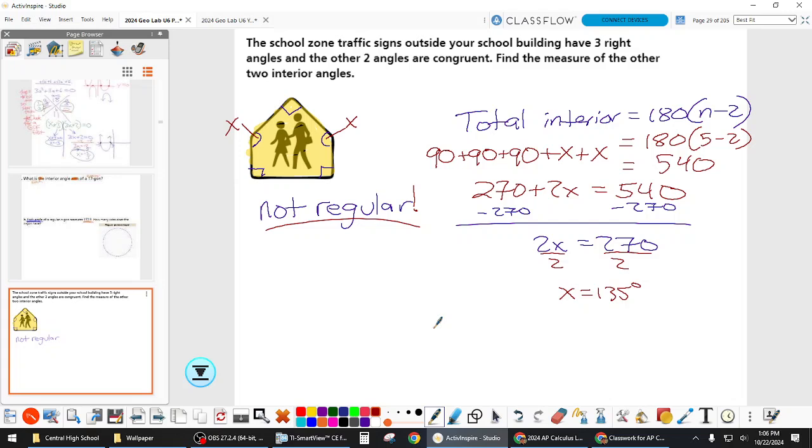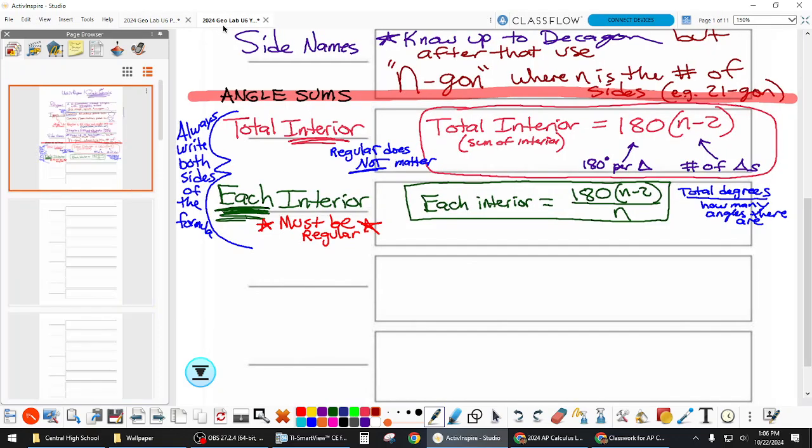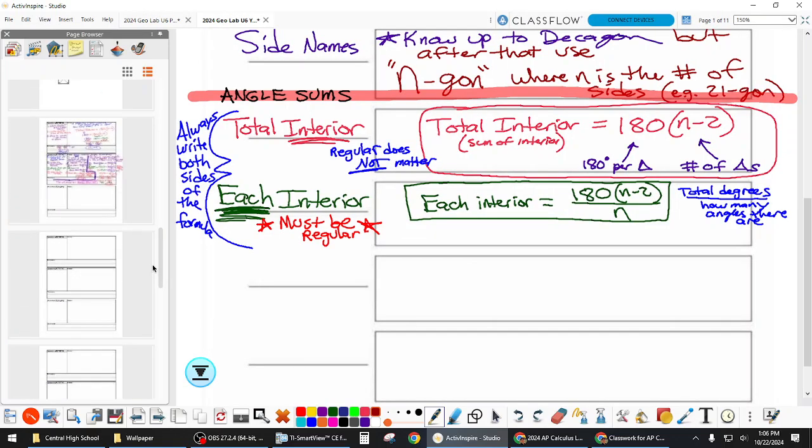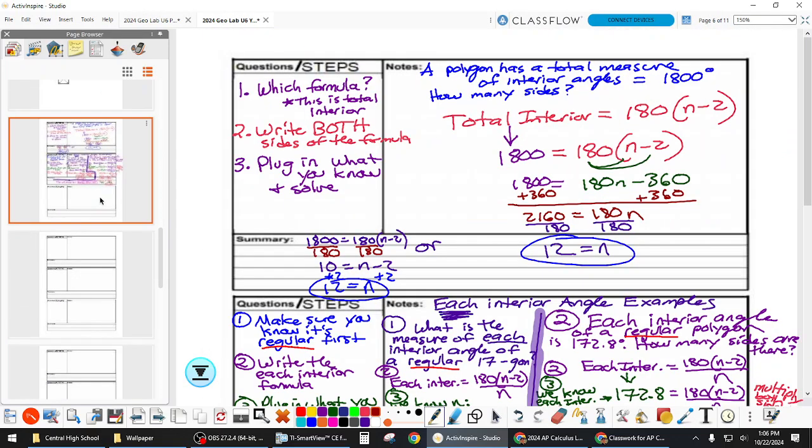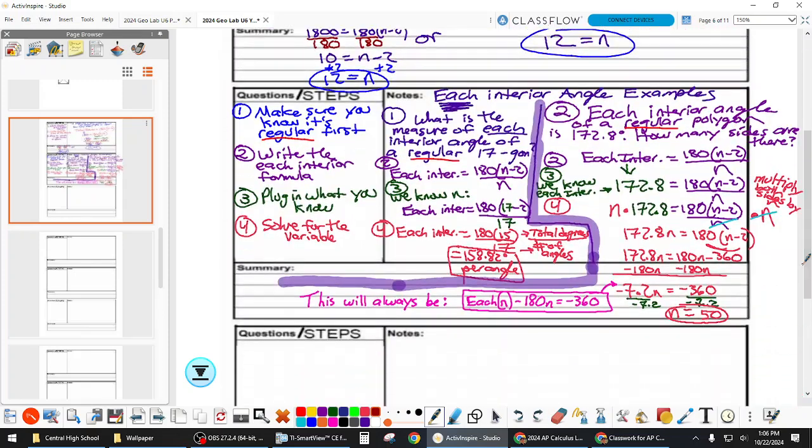What was different about that than what we just wrote in our notes as examples? Okay, it was not regular. So looking at the two that we wrote here, it's definitely not the right side, because it had to be regular.